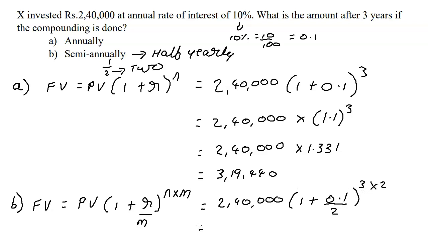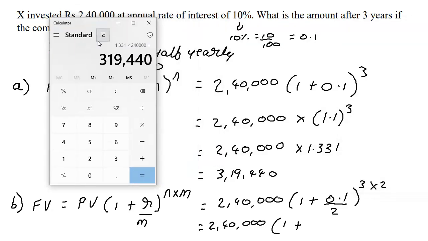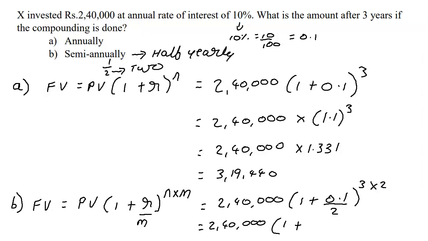So we get 2,40,000, and we have 1 plus 0.1 upon 2, which gives me 0.05.